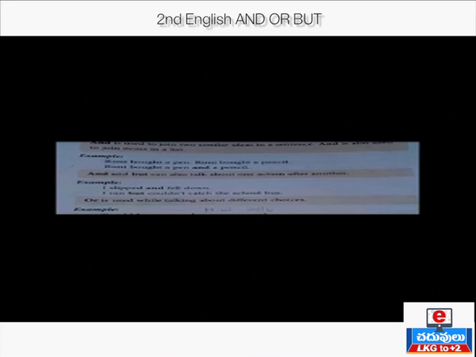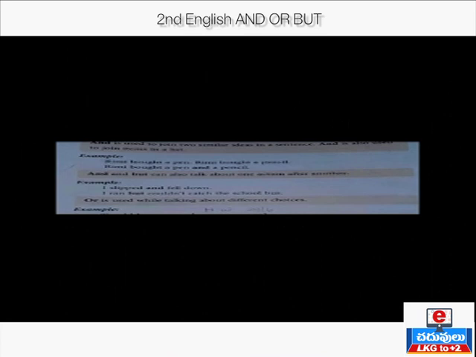Here he slipped and he also fell down. In the sentence, and is there because he slipped and fell down. In the second sentence, I ran but couldn't catch the school bus. What happened there? He ran but he couldn't catch the school bus. In the sentence, what do you have to put? You have to put but, okay?